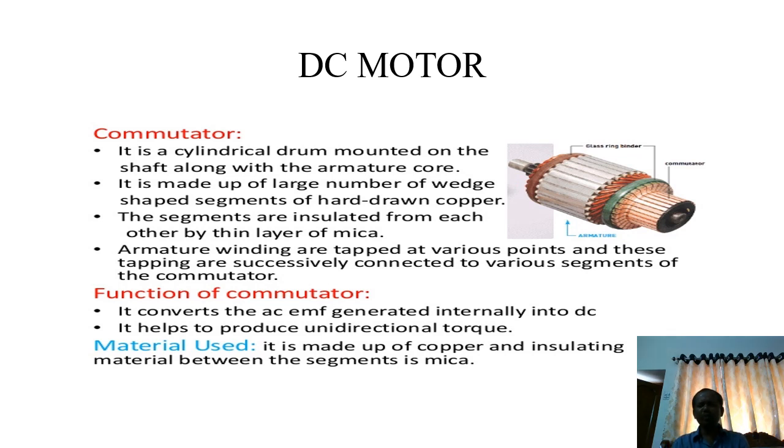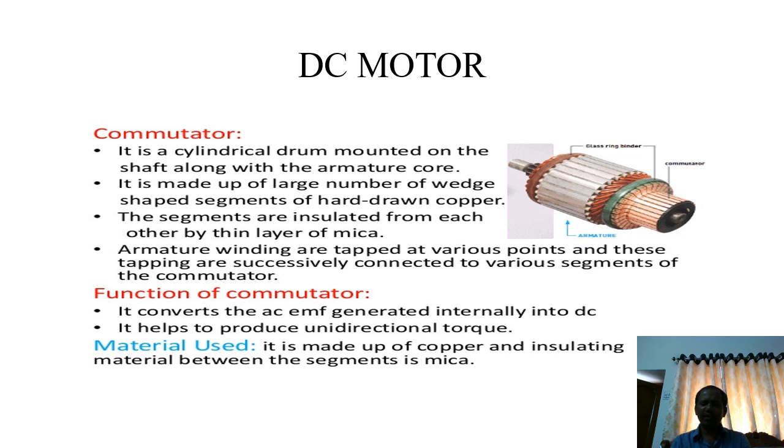It helps to produce unidirectional torque. The function of the commutator in a DC machine is to convert alternating voltage into unidirectional voltage. For that point of view, we are using commutators in DC machines.